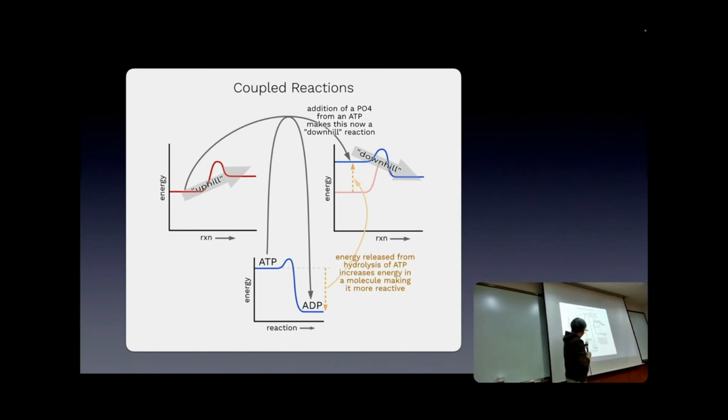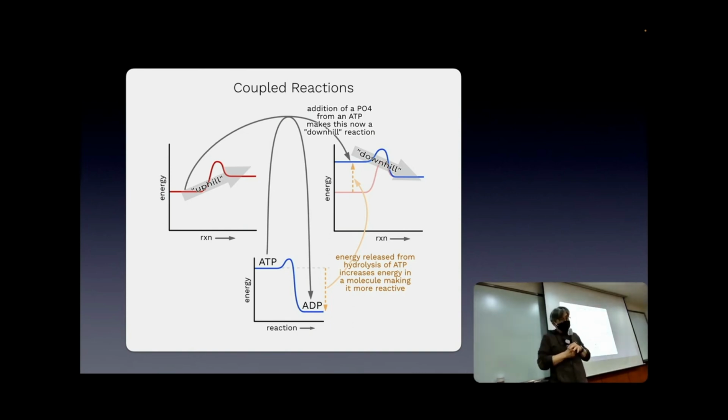You subtract this from that, and then you have the overall net energy gain. So this whole overall reaction will occur spontaneously. And this kind of coupling we call energy coupling. So once again, the bottom line is that an enzyme can do this energy coupling.